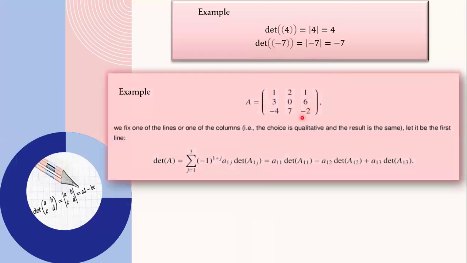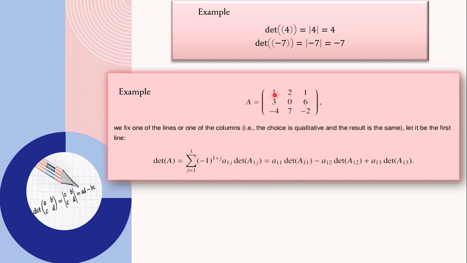We have another example. Here the matrix has 3 rows or 3 lines and 3 columns. We fix one of the lines or one of the columns. The choice, as we said previously, is arbitrary and the result is the same. Let it be the first line. So i equals 1 and j goes from 1 to 3. Here we have the extracted matrices.